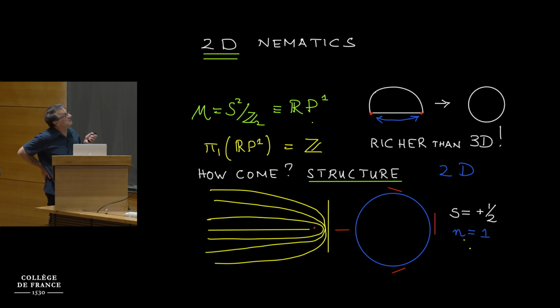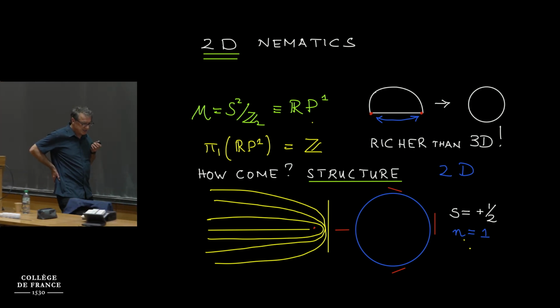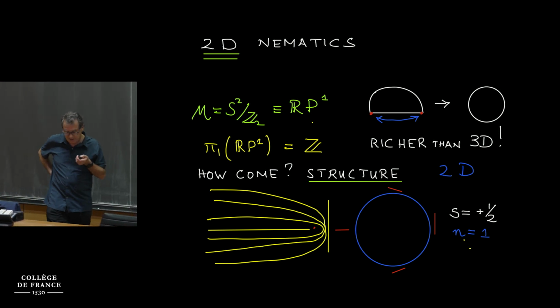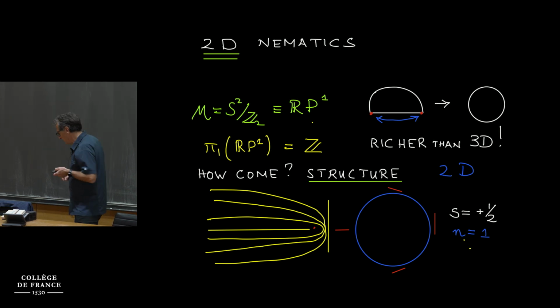So pi 1 for this two-dimensional case is again integers now. Before we had Z2. So in three dimensions, the Z2 means there is a trivial class and only one non-trivial topological class of disclination defects. Just one, you can think of it as associated with that -1 in the Z2.